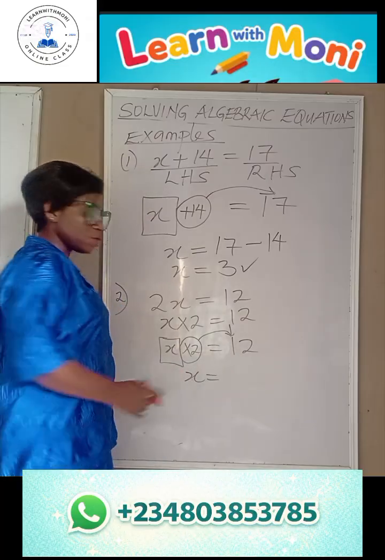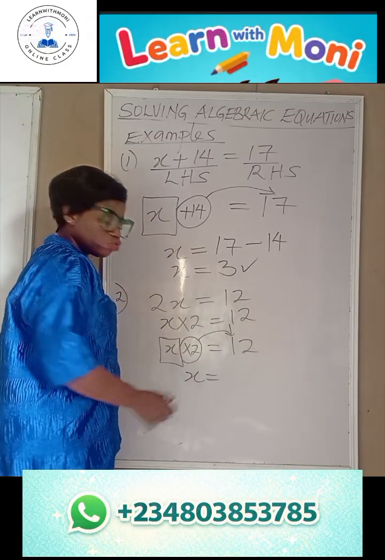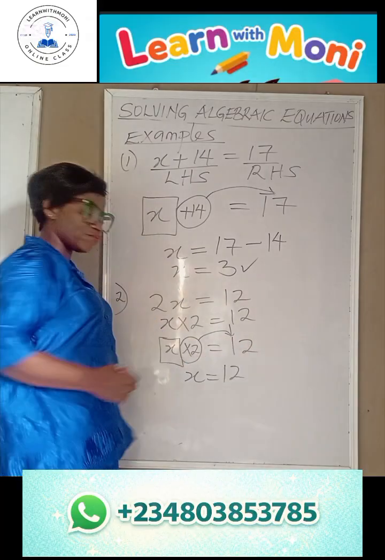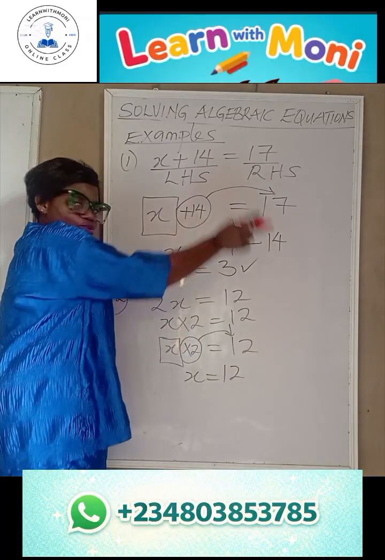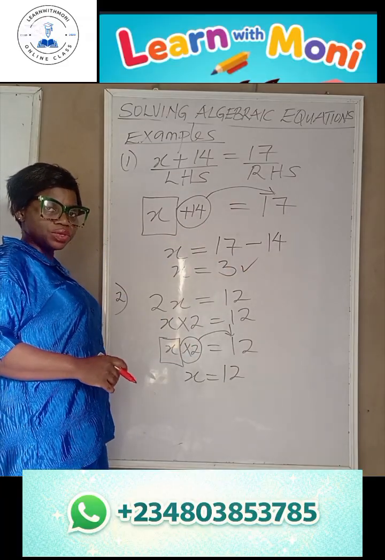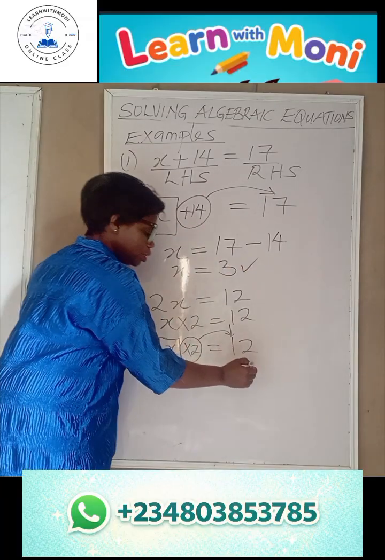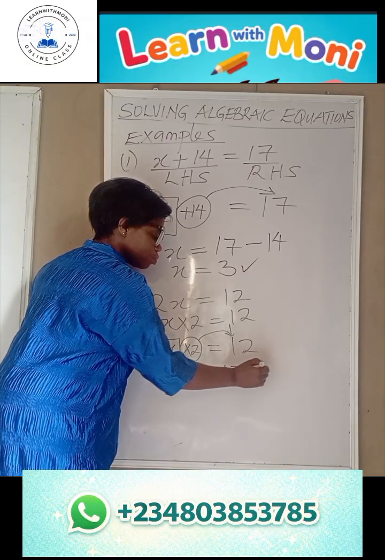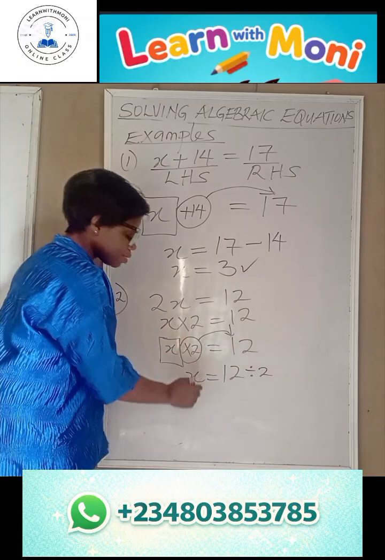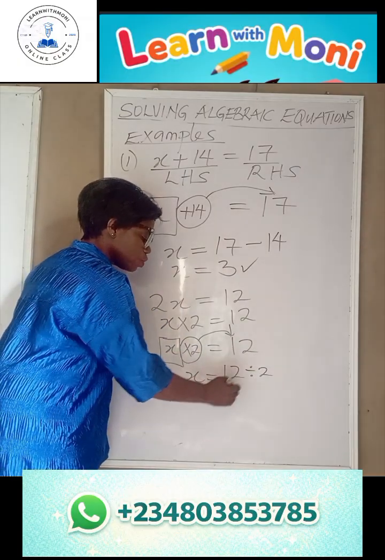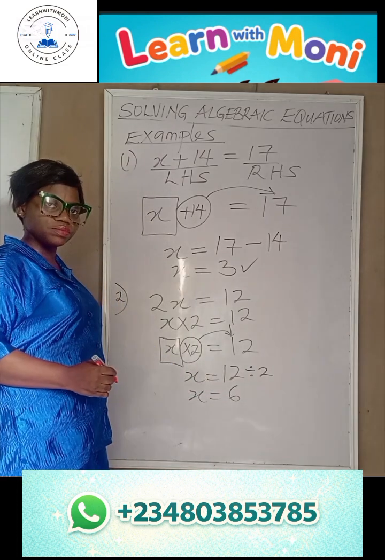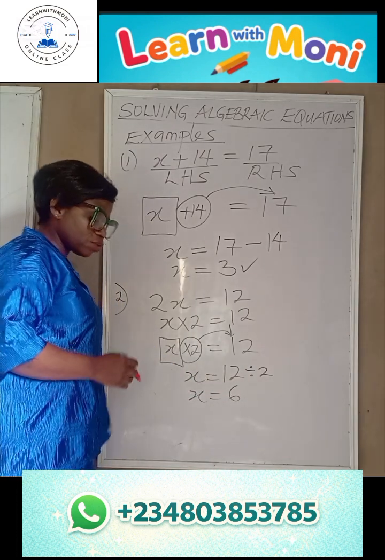And it will be equal to 12 on the right hand side first. Now the times 2 is going to the other side. It is going to change to divided by 2. So that I have x, which is equal to 6. Let us learn more.